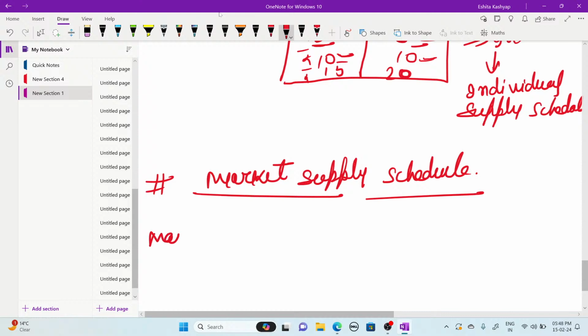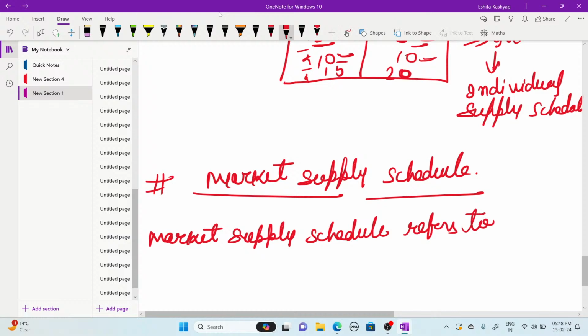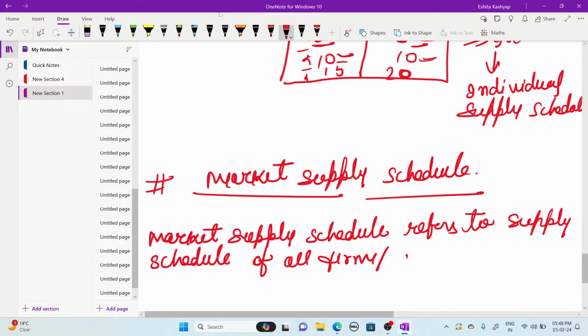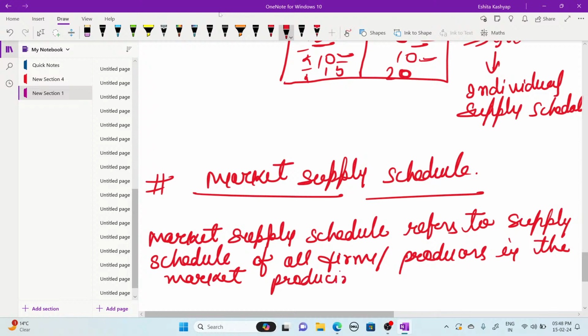So market supply schedule refers to the supply schedule of all firms, producers in the market producing a particular commodity.